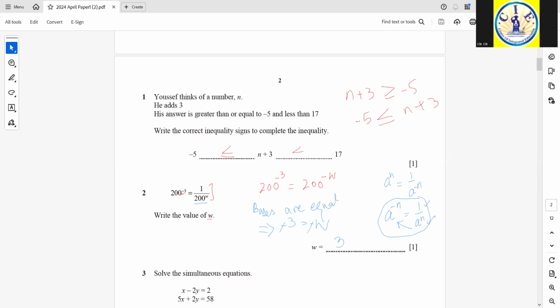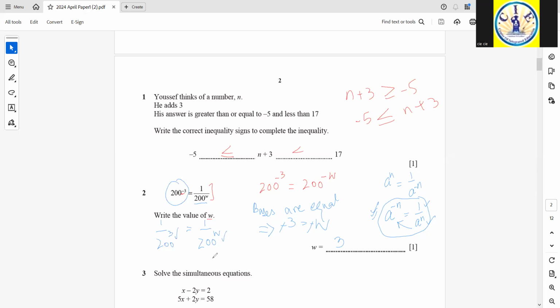This question can also be solved in another way, like if we can convert 1 by 200 raised to the power positive 3, and we do not solve on the right side. We have just used this rule on the left side, and now you can see that 200 raised to power 3 and 200 raised to power w.